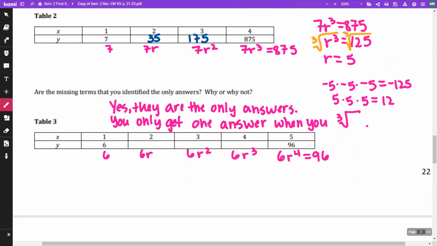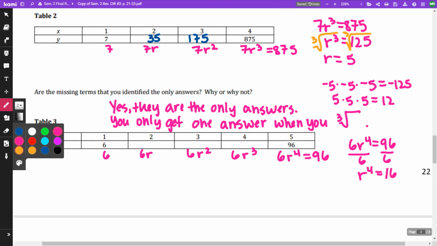So when I'm working this out, I'm going to divide both sides by 6. 96 divided by 6 is 16. I'm going to take the 4th root of both sides.